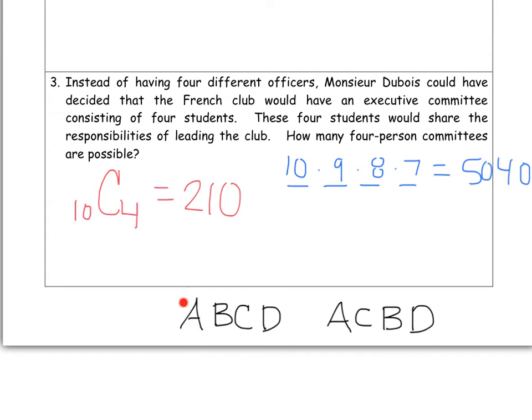Committee A, B, C, D has the same grouping of students as committee A, C, B, D. There are lots of ways we could arrange these same 4 letters or same 4 students on the committee.